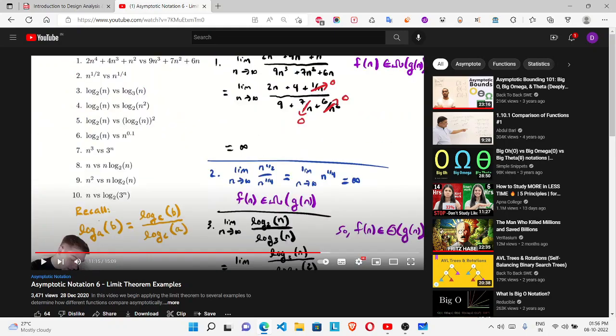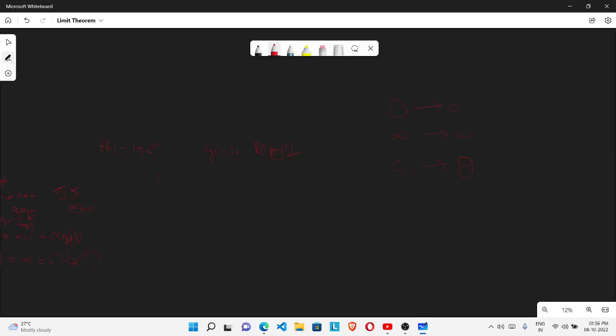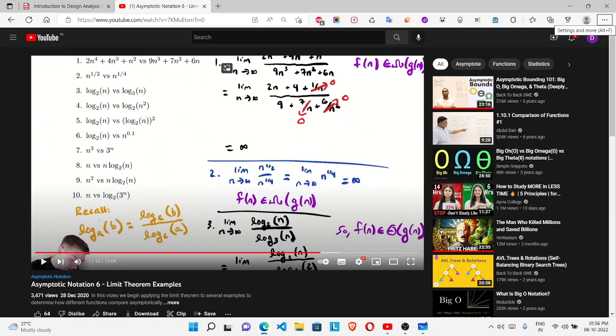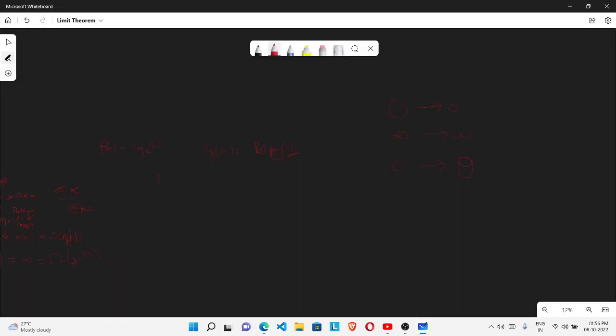Then the sixth one, log 2n versus n raised to 0.1. Okay, this is an interesting one. I hope you know the basic distribution, right? Logarithmic functions grow much slower than polynomial functions n raised to x.